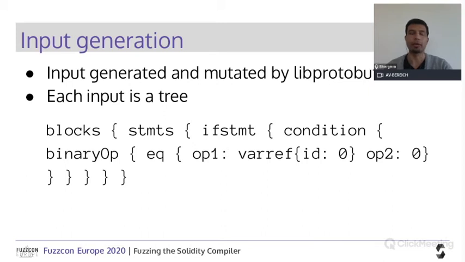So for example, we start with blocks. That's a basic block, which contains statements. And the statement in this particular instance is an if statement, which contains a condition, which is an expression. It's actually a binary expression, and specifically the equality binary expression, so double equals, whose left side operand is a reference to a previously declared variable whose ID is 0, and the right side operand is the constant 0.